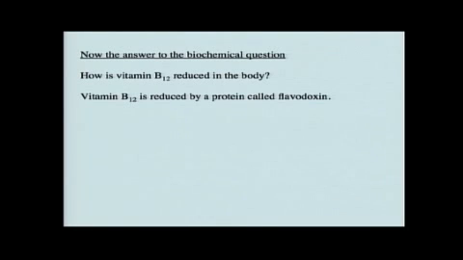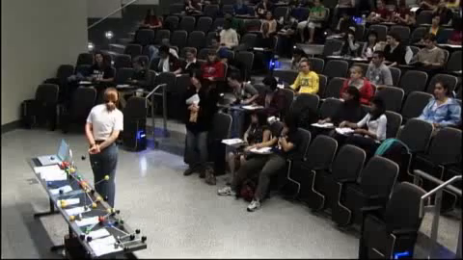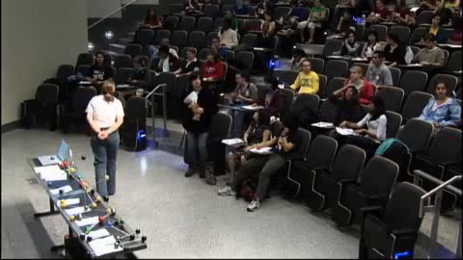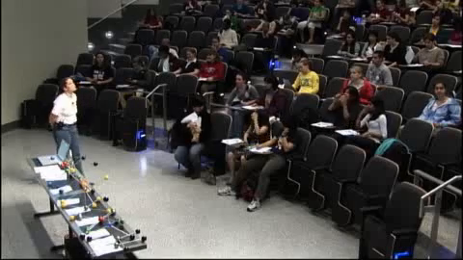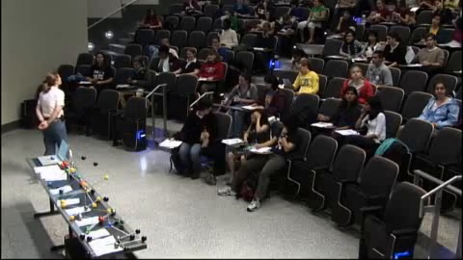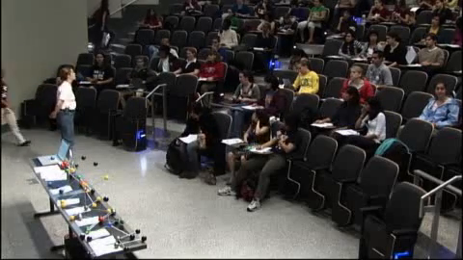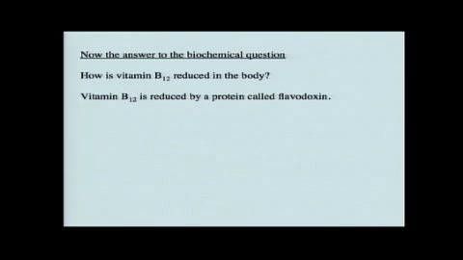Vitamin B12 is reduced by a protein called flavodoxin. Flavodoxin has a cofactor, which is a flavin, and that's also a vitamin B, as it turns out. They're both vitamin Bs.